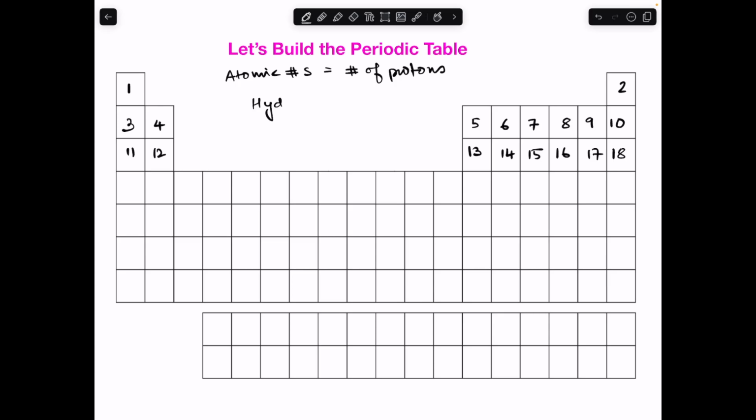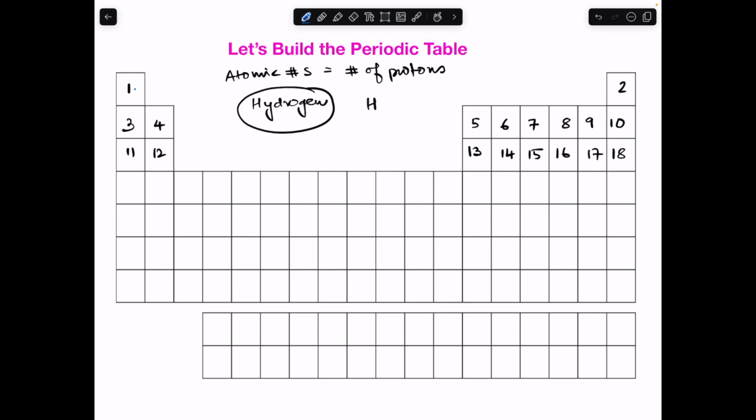I'm going to write that out here. And hydrogen is denoted by a chemical symbol, which is a capital H. So a quick note about chemical symbols: they are either a single capital letter, or a capital letter plus a lowercase letter.